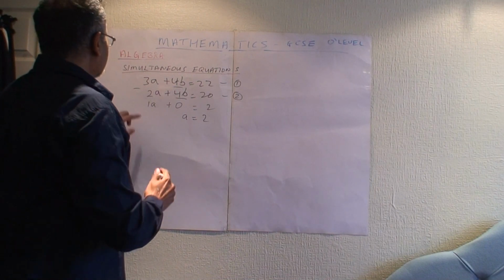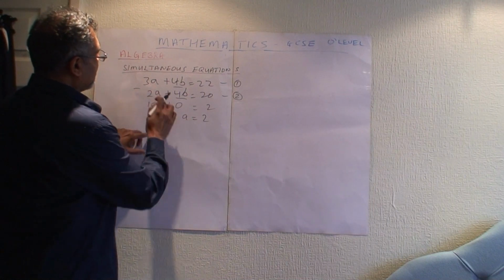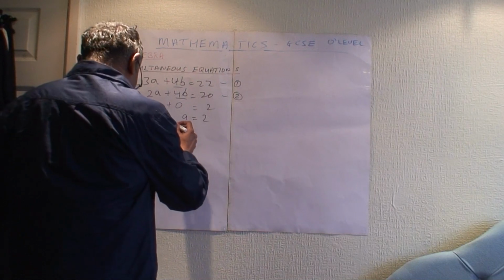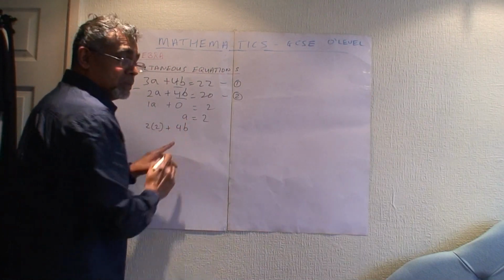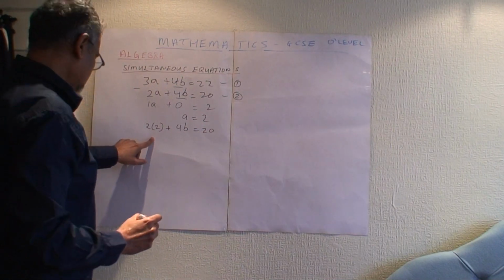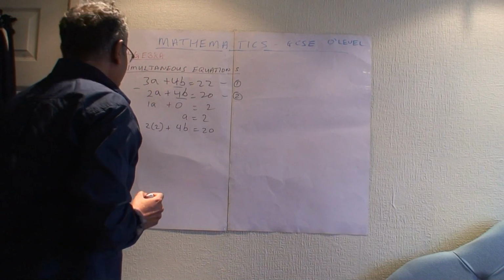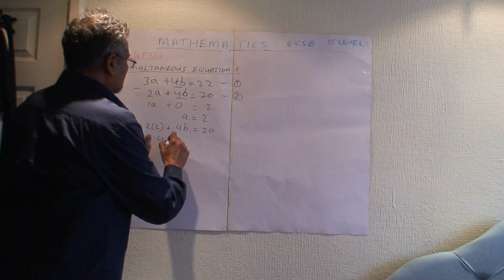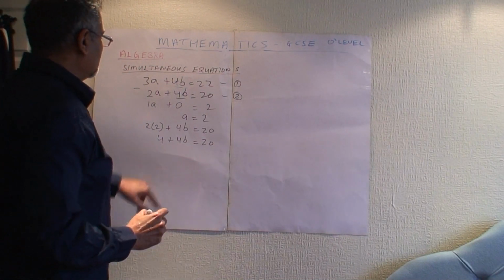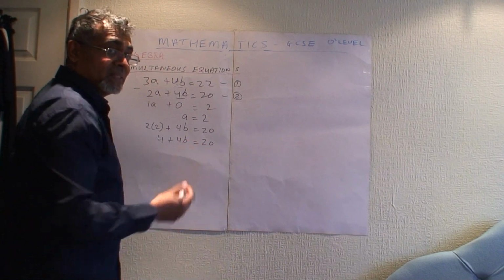So that becomes 2, we put the 2 in here, plus 4b, because we don't know the value of b, equal 20. So here we have 4 plus 4b is equal to 20. We want to remove the 4 from both sides.